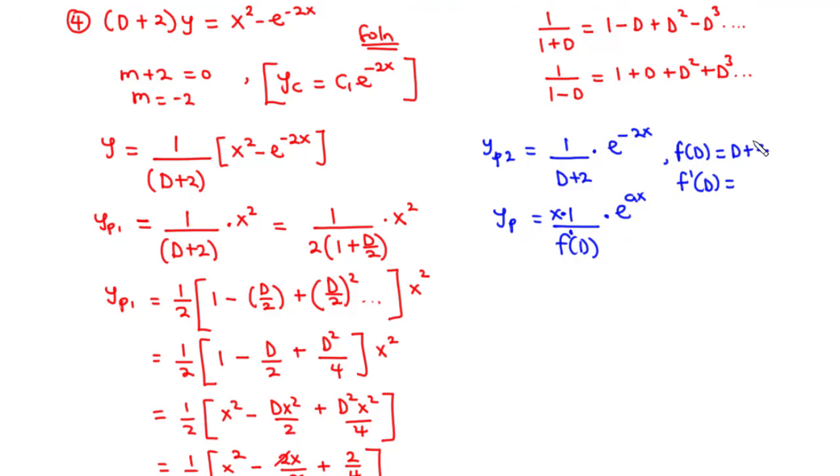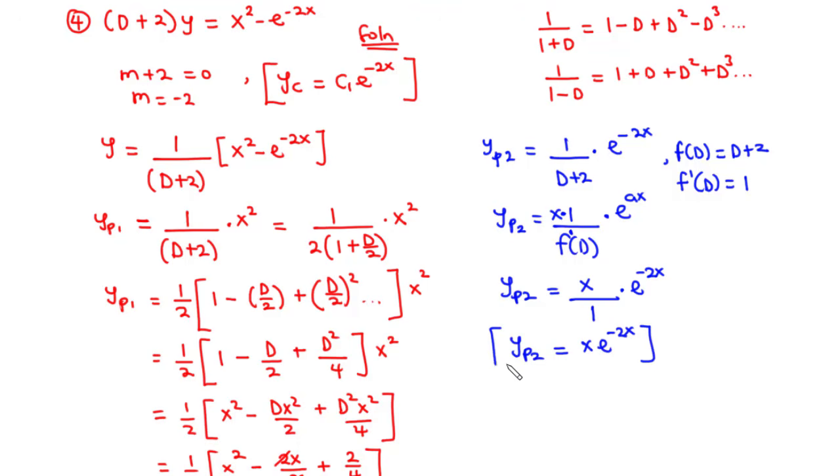If you differentiate d plus 2, you have 1, and because 2 is a constant, it goes to 0. Therefore we have yp2 equal to x over 1, times e to the power negative 2x. So finally we have yp2 equals x times e to the power negative 2x.